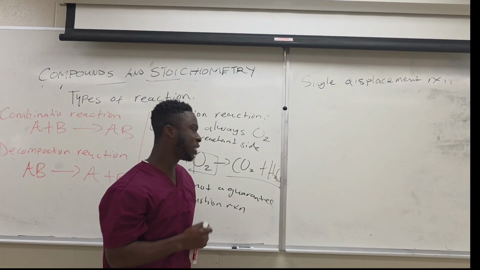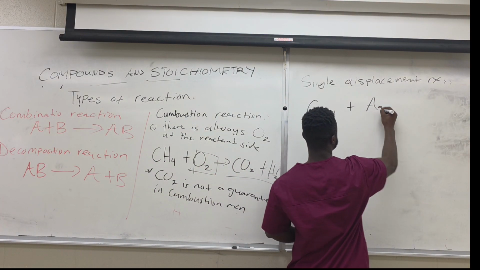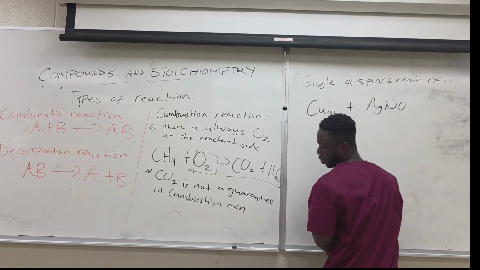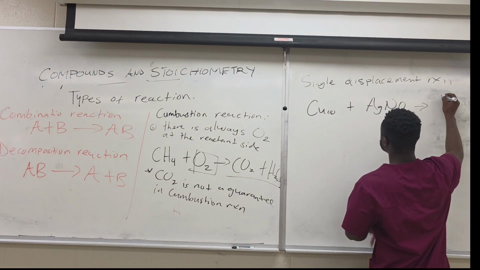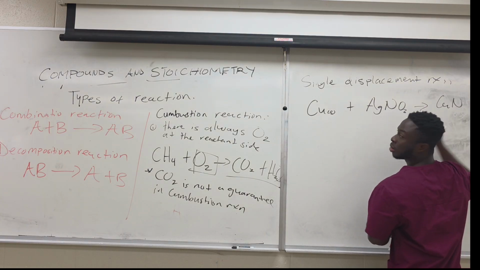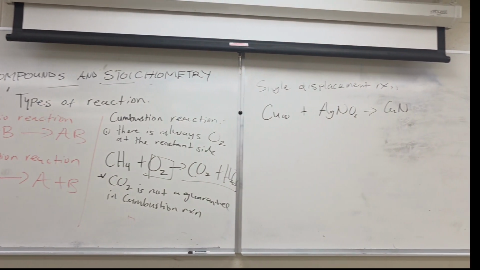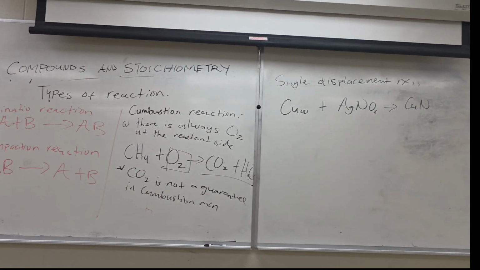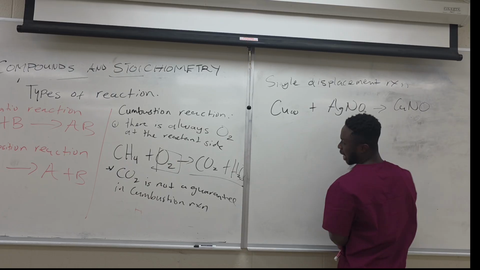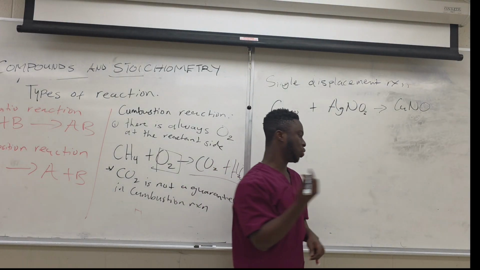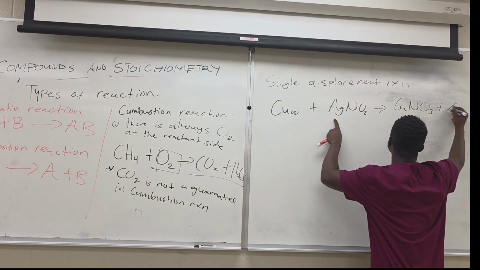In a single displacement reaction such as this, copper, which is a solid, reacts with silver nitrate, AgNO3, to give you copper nitrate, plus the silver, right?